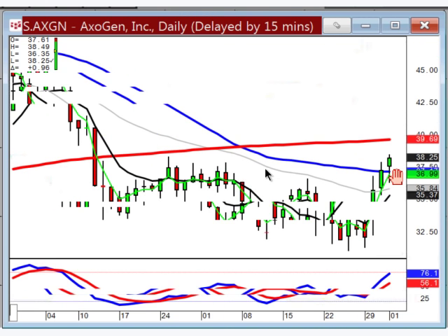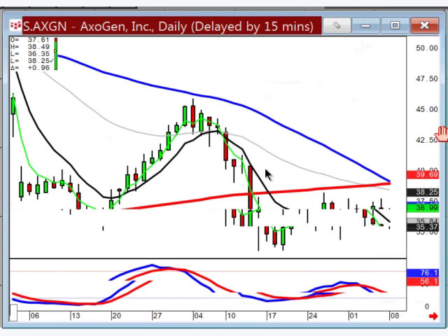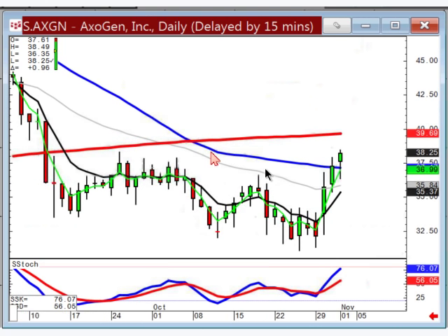AXGN. I'm having a hard time seeing those wedges. This, to me, is more of a kicker signal. And that's more of a trend channel. Where are the waves on NVIDIA? They're not really sophisticated.